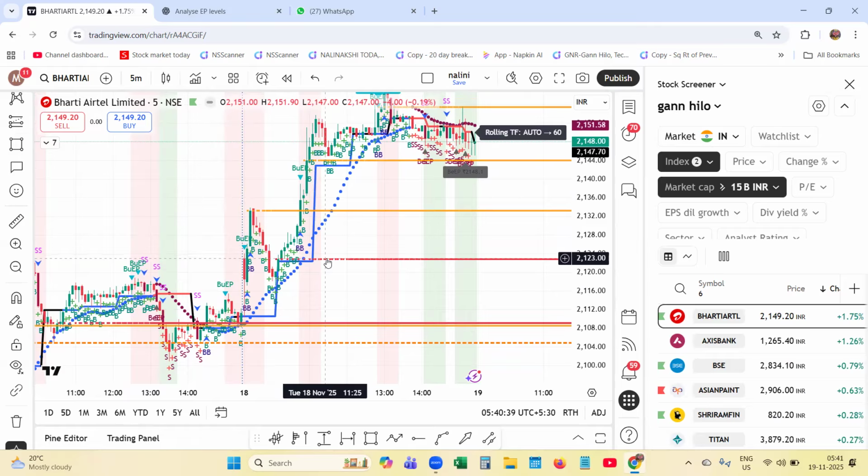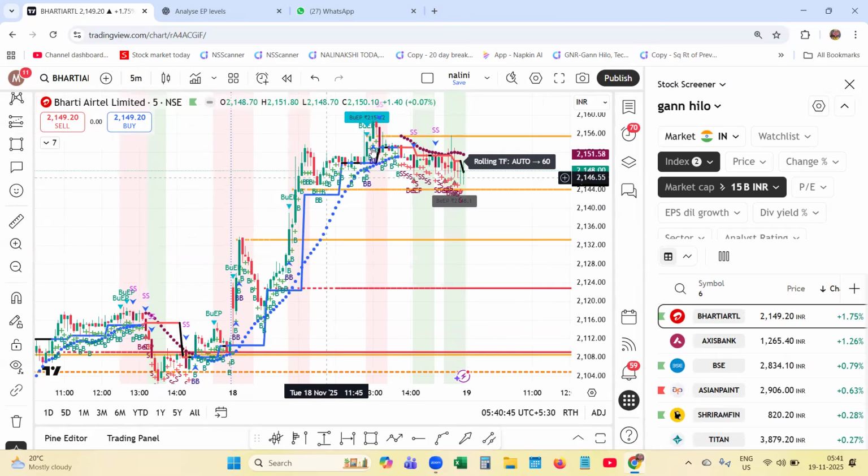Resistance has been converted into support and intraday resistance. So you are not getting any green lines over here. Market is traveling along the call writers. One by one call writers have been squashed, moving to other call writers.